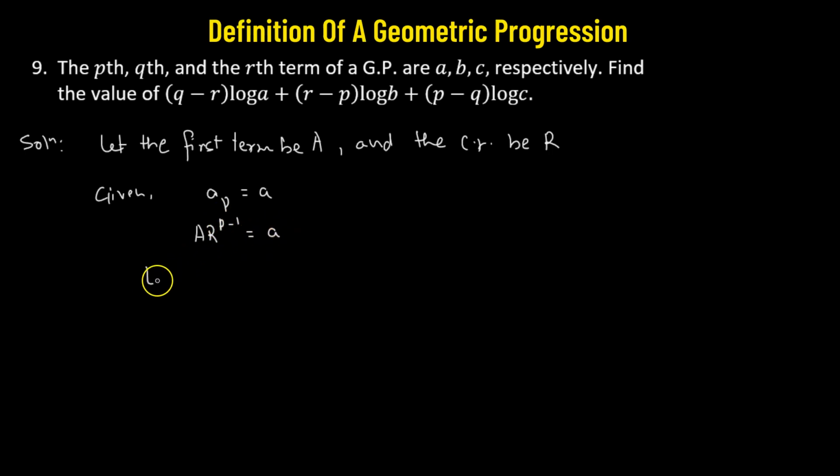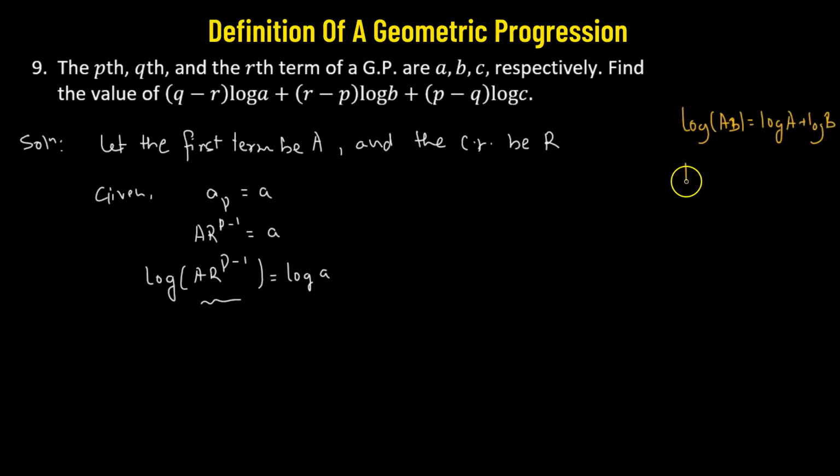Now we'll take the logarithm on both sides. We have log of A times R raised to the power of p minus 1 equals log of a. Now we can use the property of logarithm which states that whenever we have log of a times b, this can also be expressed as log of a plus log of b. And we have another property which states that whenever we have log of a raised to the power of b, this is simply equal to b times log of a.